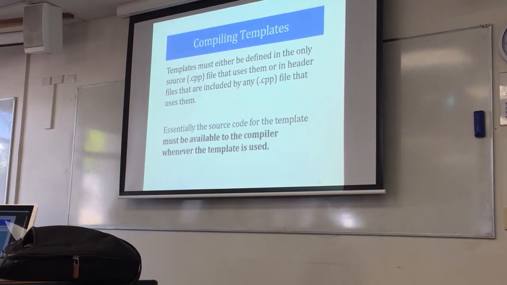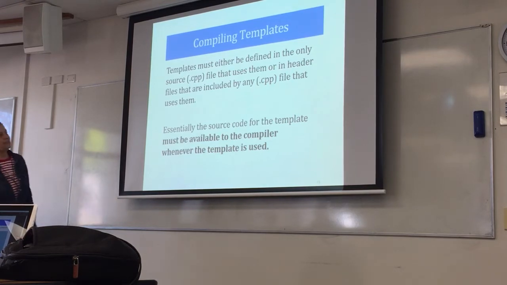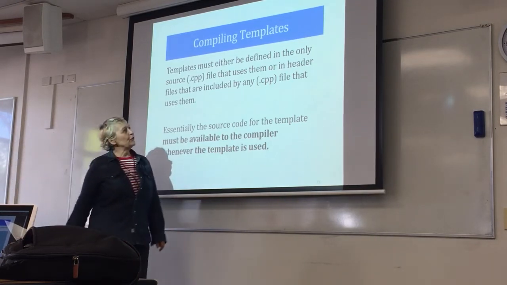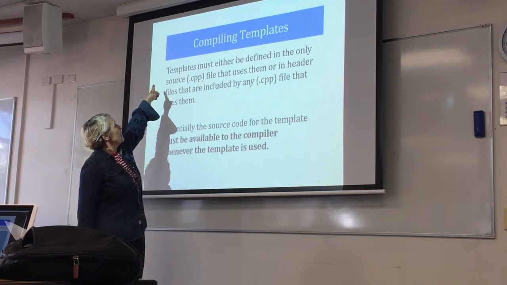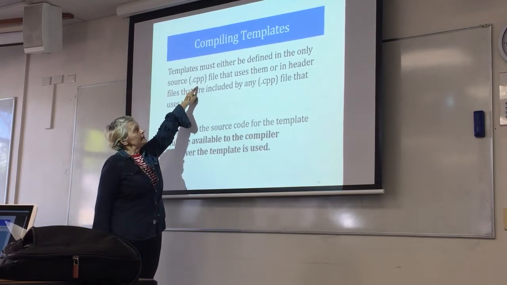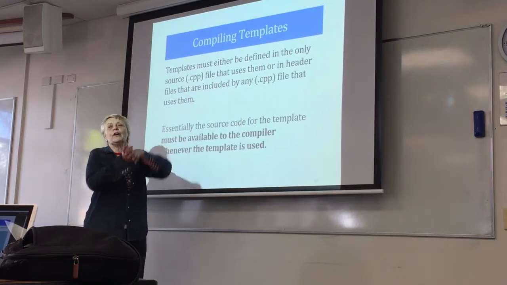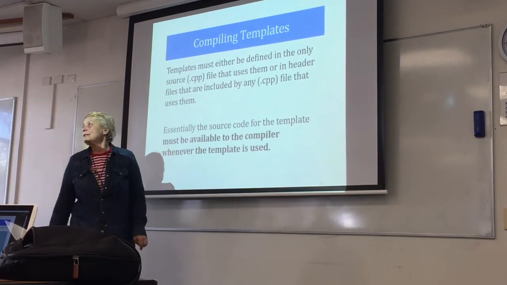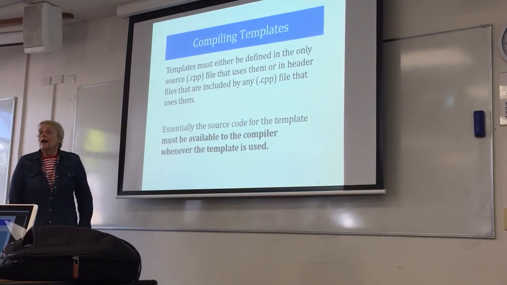Now, compiling templates is unfortunately moving away from modularization. Templates must be defined with the only source CPP files that uses them. In other words, you have to put everything in the same file.